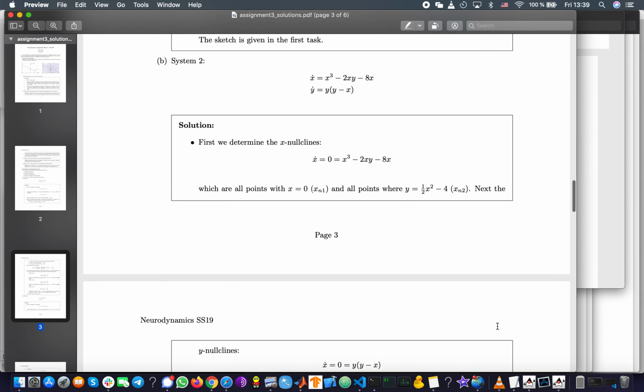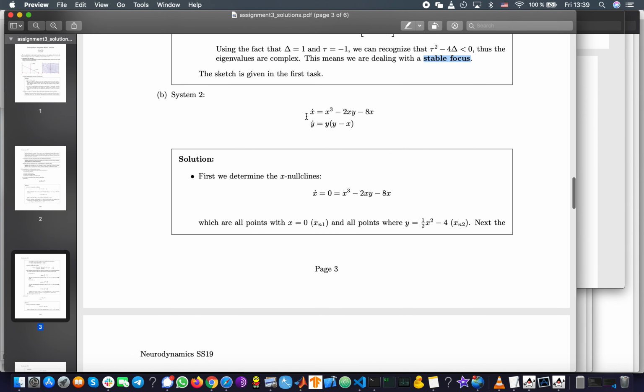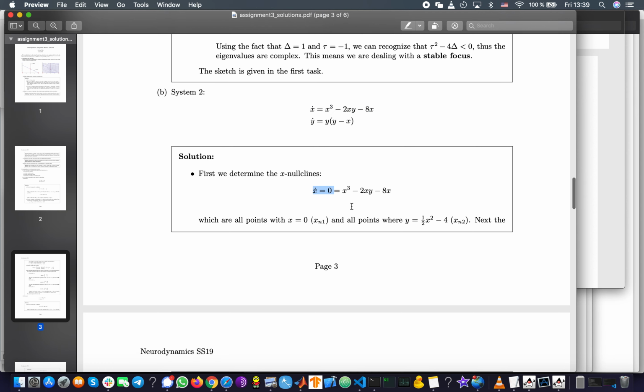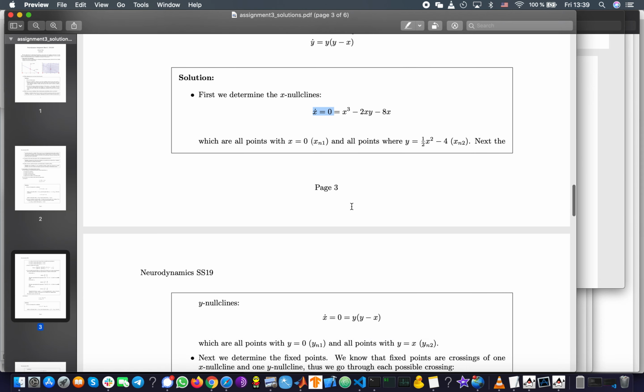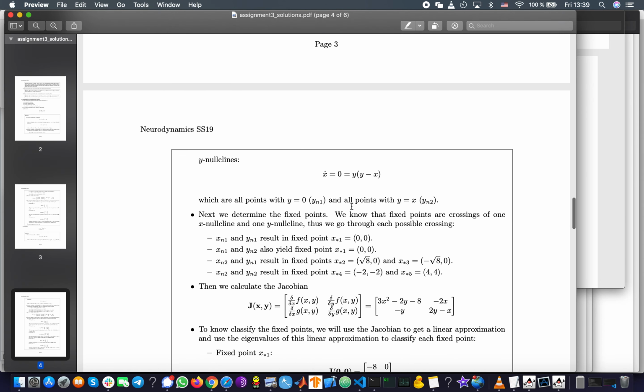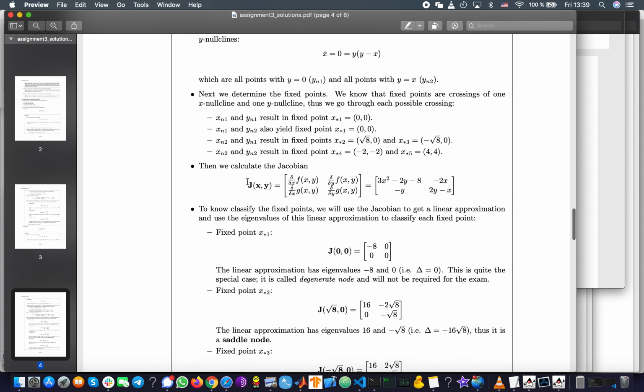So system 2 again is another differential equation. It's exactly the same. We just say that x dot is equal to 0 and find the fixed points and the null lines and the Jacobian, taking the derivative of them, like taking for instance this one, the derivative of g, y dot, with respect to y.